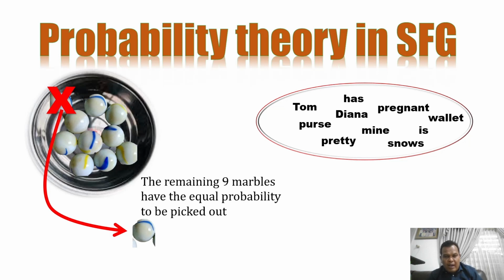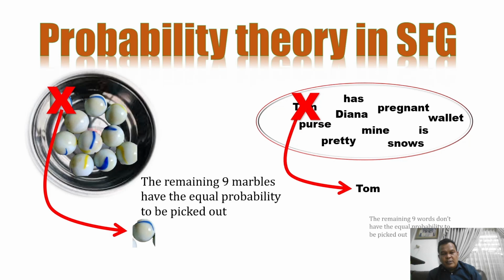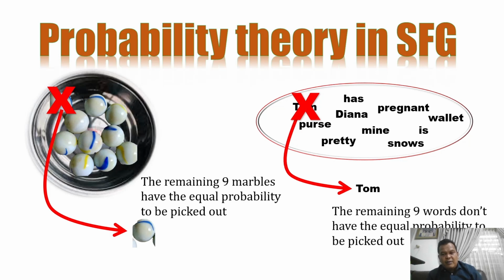However, when we pick out one of the words in the second group, let's say Tom, when we want to take the other member of the group, the other words, they don't have the same probability to accompany Tom. So the remaining 9 words don't have the equal probability to be picked out.